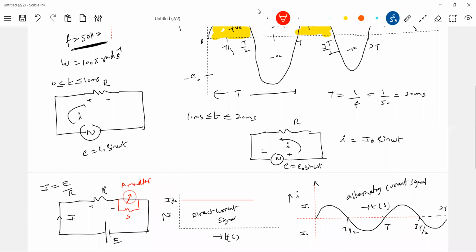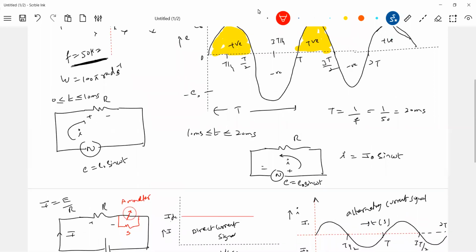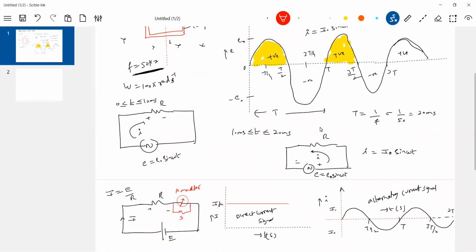Okay, let's come to this. How to measure this current? What is the biggest problem we are going to face here? In terms of T by 2, let me write here the time parameter. This is milliseconds, 10, 20, 30, and this is 40.